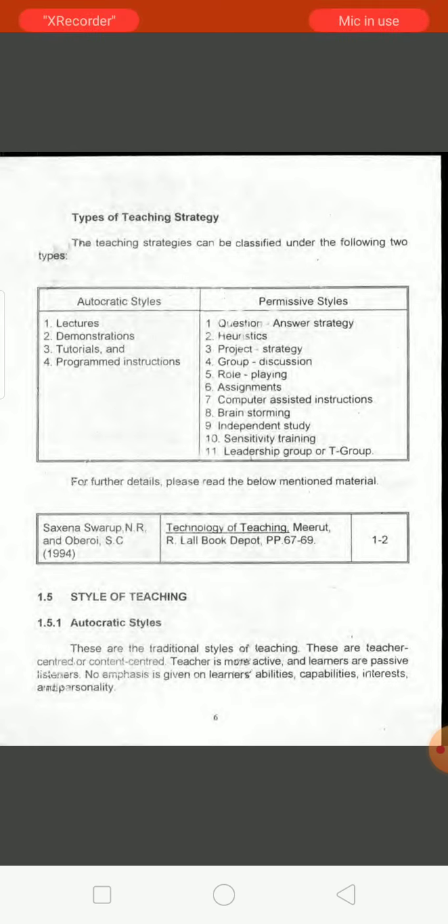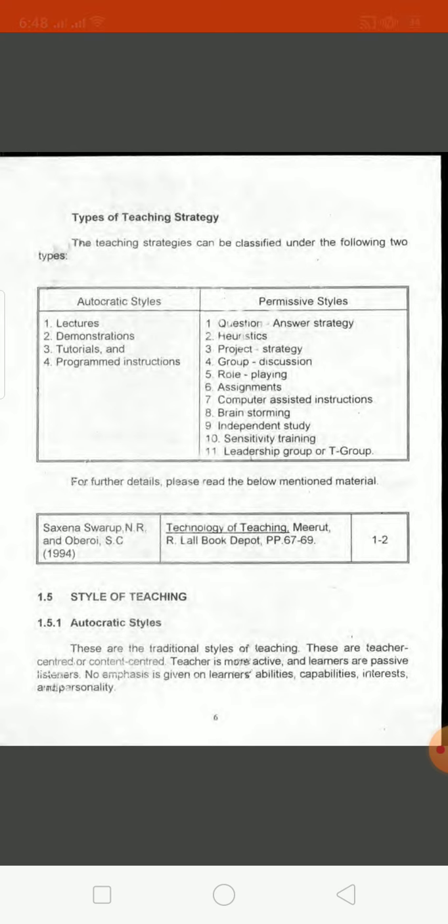Depending upon the level of learners, the content, and the creativity of the teacher, he is supposed to select any one of those styles, or more than one, to cater to the needs of the students in the class. So if we discuss in detail, the autocratic style is basically where the teacher has the authority.